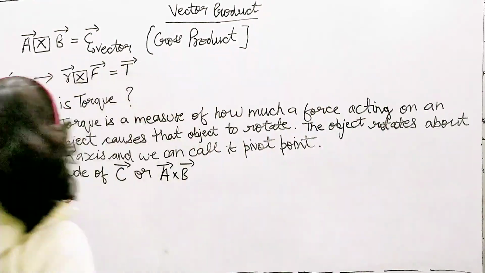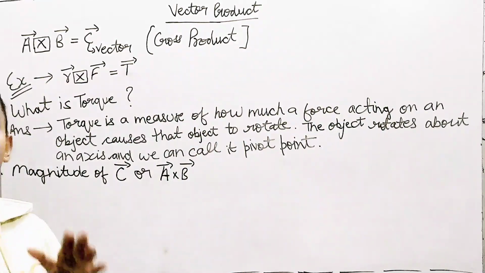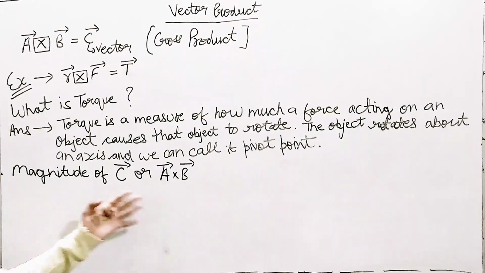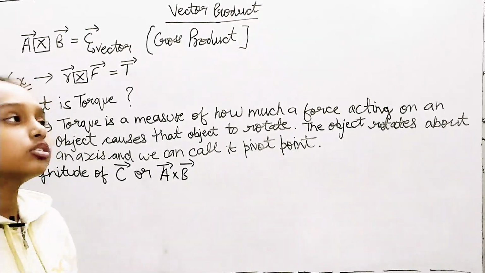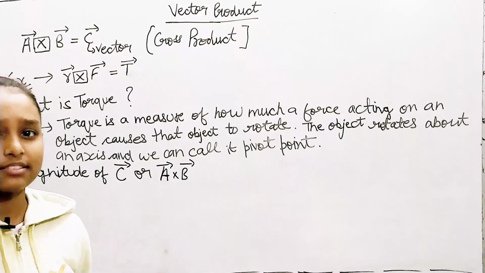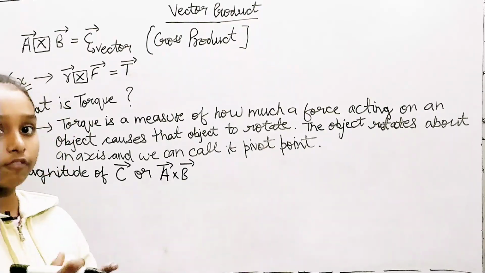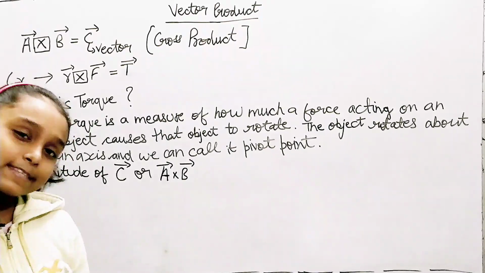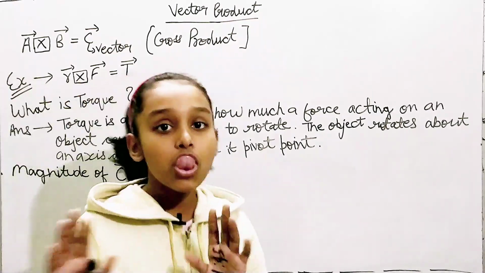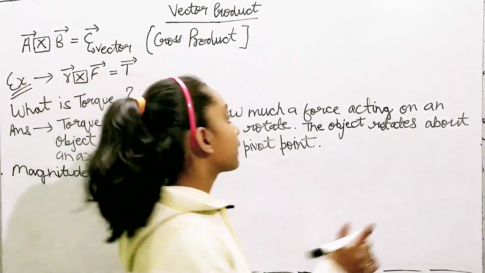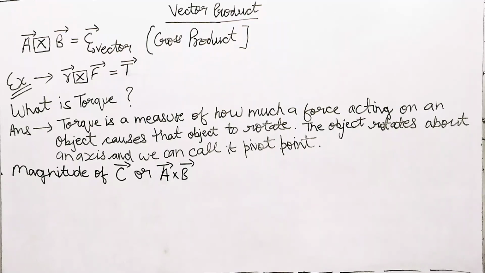So we were doing magnitude of vector C or A cross B. Before that, I have to ask you a question. Can vector product of two vectors be negative? Actually, no, never, never, ever. Why?